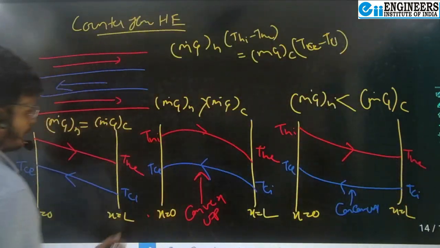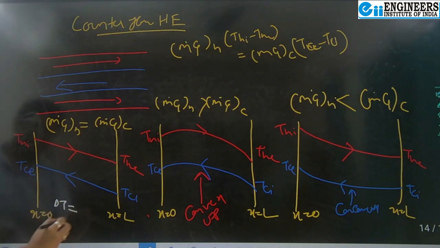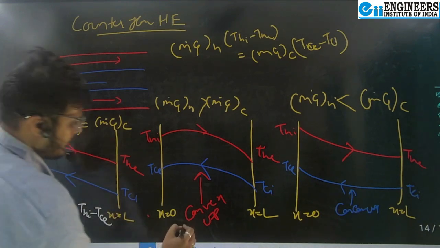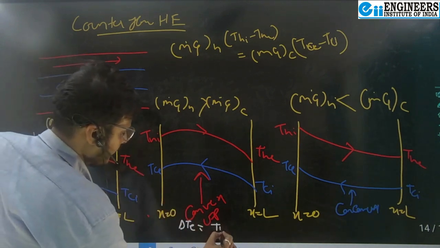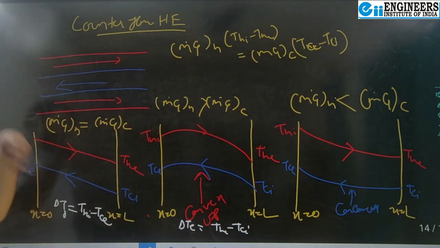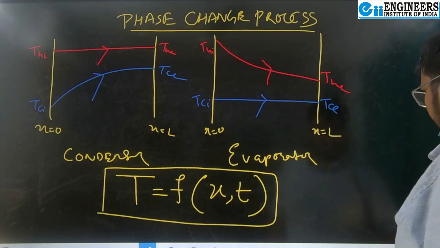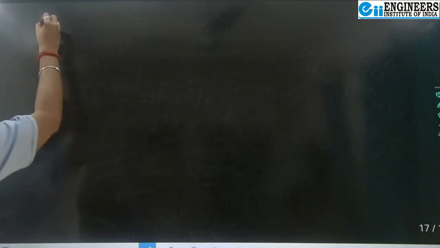Now moving towards the counter flow heat exchanger. Here del Ti is the temperature difference at the inlet, Thi minus Tce, and del Te will be The minus Tci. If we substitute these into the LMTD equation, what do we get? Let's draw a simplified diagram to analyze it.